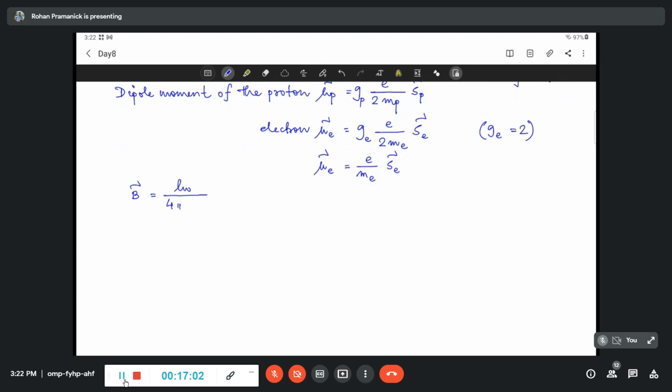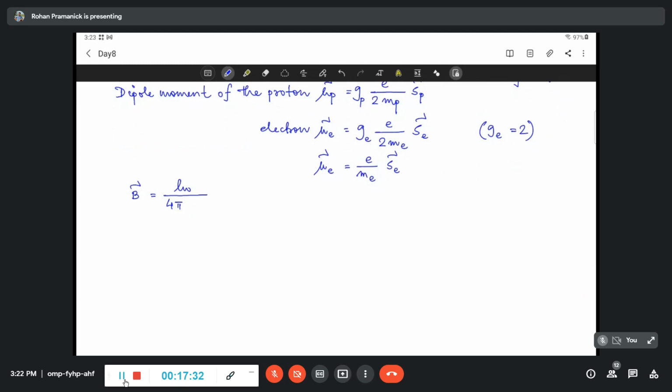Mu by 4 pi, then 2 pi a squared I. Okay, so let's frame it this way. If you have a magnetic moment m and it is a dipole, then what is the magnetic field due to this dipole at a radius r? You have done this in Biot-Savart and similar topics. Do you remember the formula?